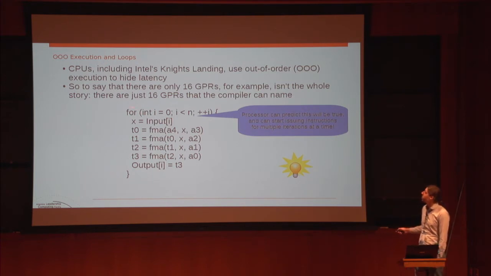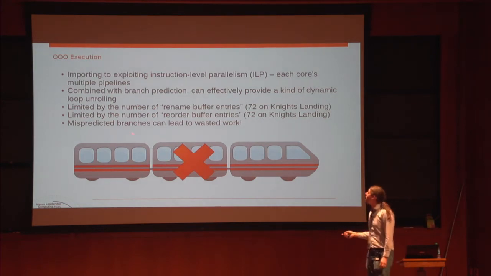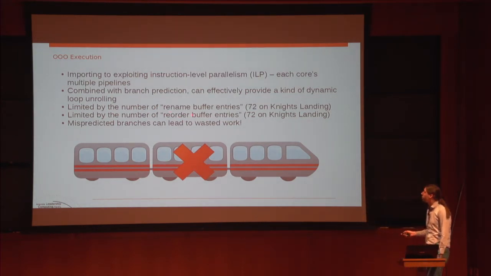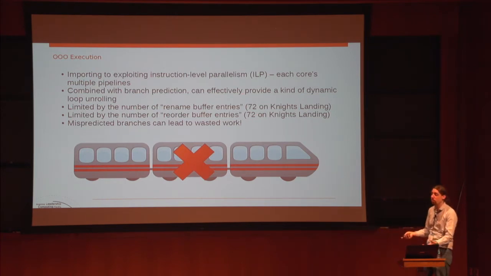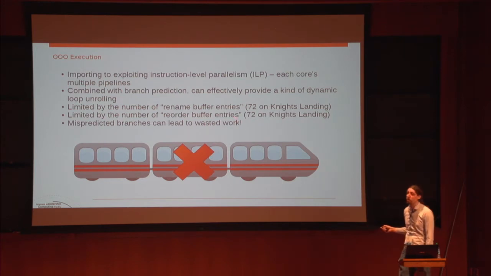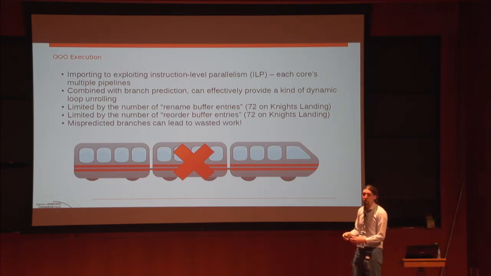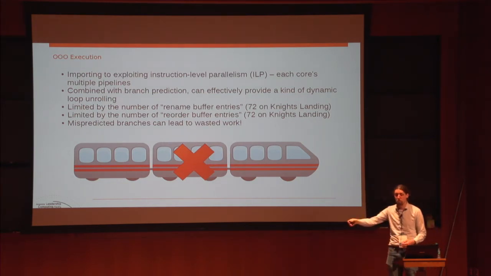It will predict that you're going to go back to the beginning of the loop and start executing the next iteration of the loop, even before it finishes the first one. It can do this to a limited extent. And the limited extent has to do with the number of what are called renaming buffer entries, of which Knight's Landing has 72, which is essentially how many internal registers it has to start executing these instructions that it's doing speculatively. And also reorder buffer entries, again there are 72, which is how many instructions it can start executing outside of their normal order in the dependency chain.